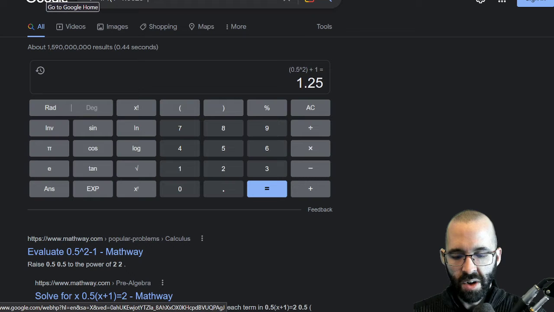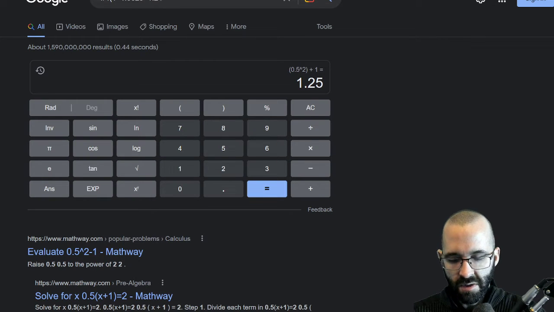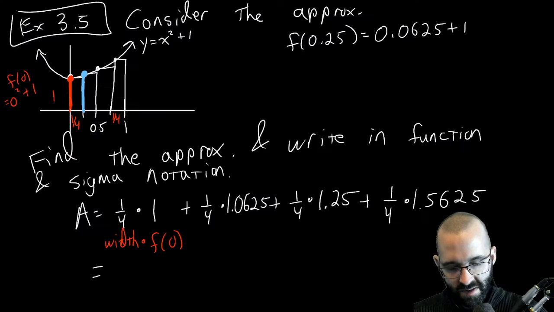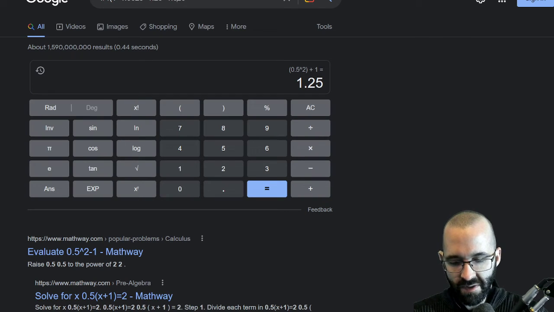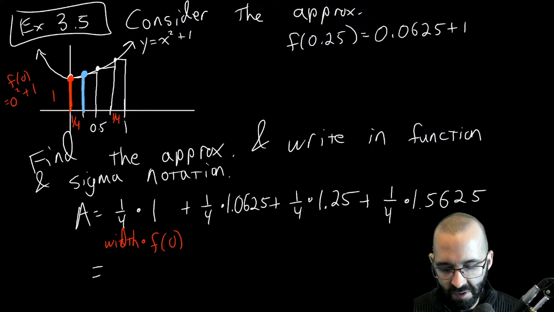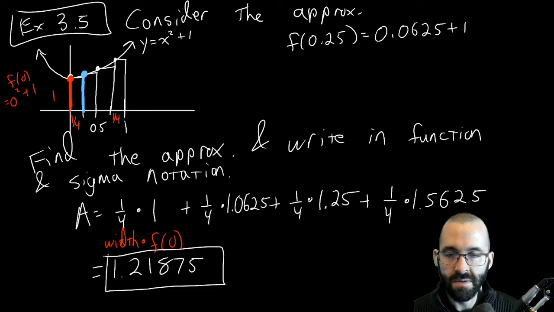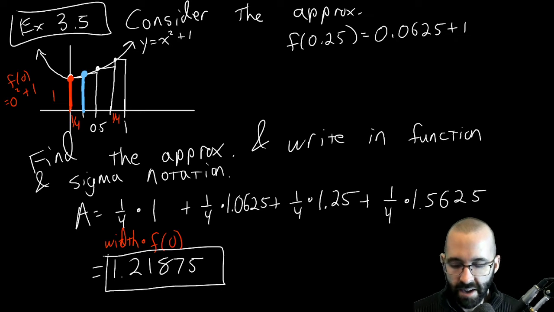Plus the second one, 1.0625, plus the third one is 1.25, plus the fourth one, 1.5625. And there are 4 rectangles. We've added 4 things up together. We get 1.21875. That's the approximation of this area.